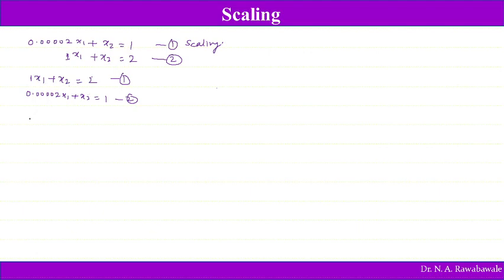Now multiplying this first equation by 0.00002 and dividing it by 1.